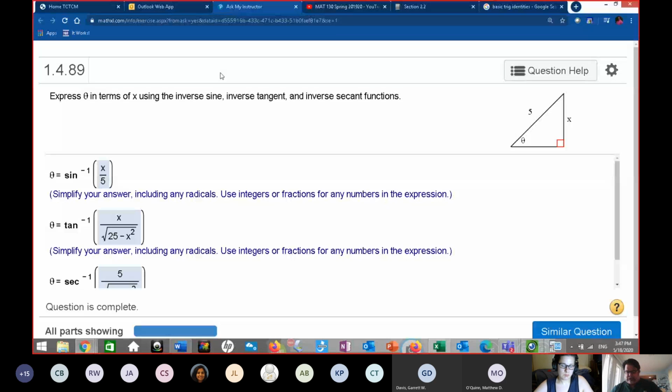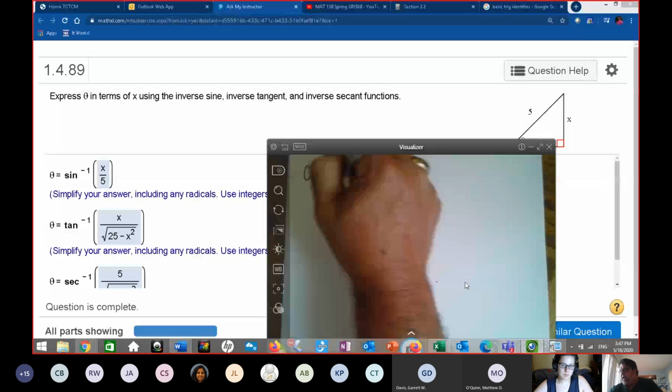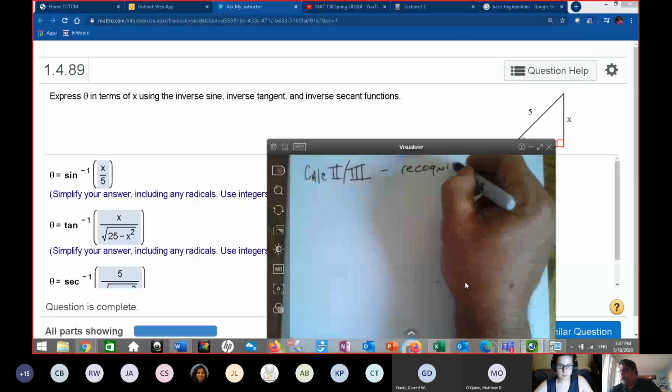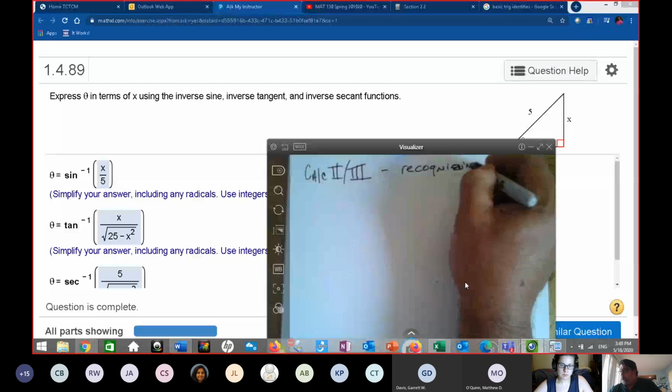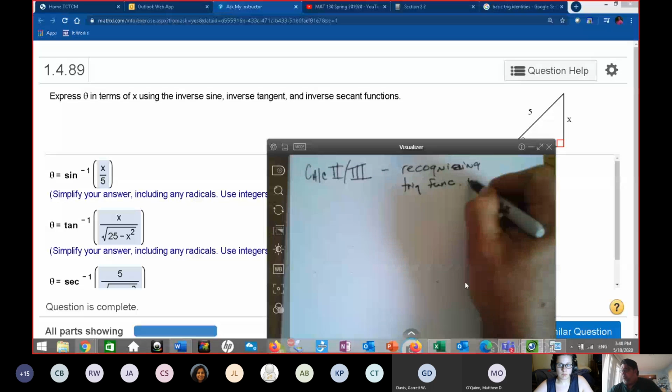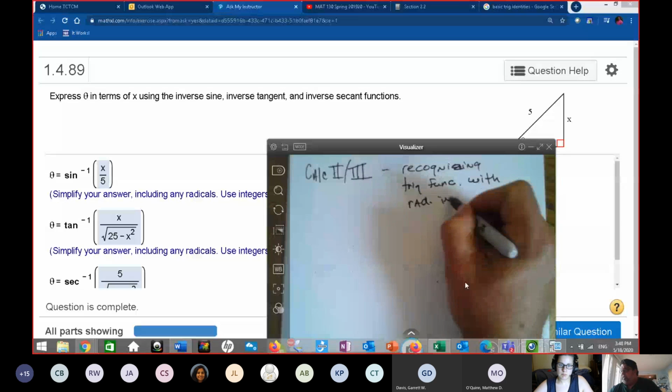In Calc 2 and 3, you're going to be recognizing trig functions with the radical in the denominator.